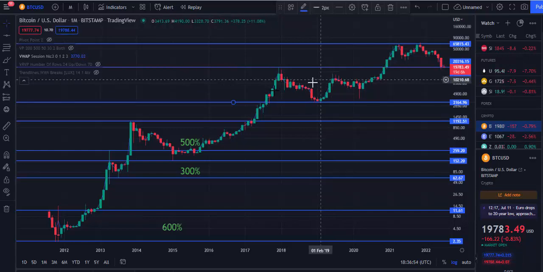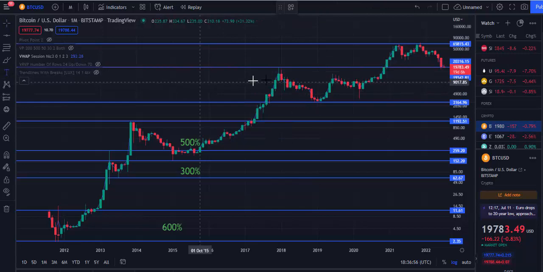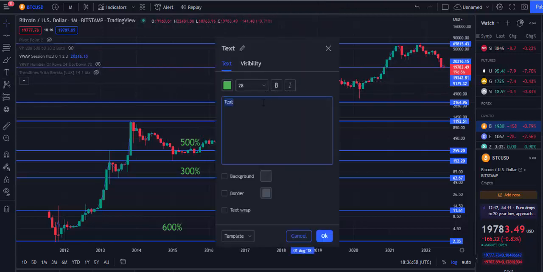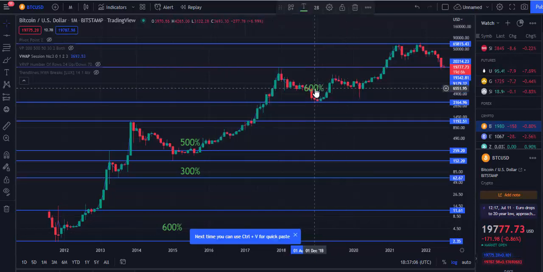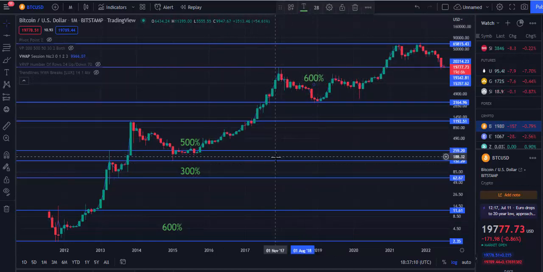So 600% plus is what we have here. So 600%. You can see here we have 600% in this place. I'm going to just delete the unnecessary ones later. 600% from here.